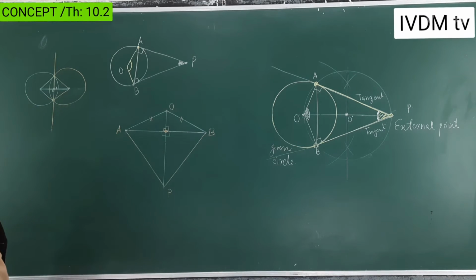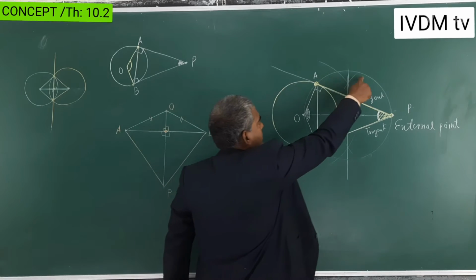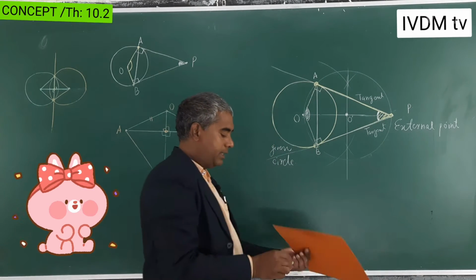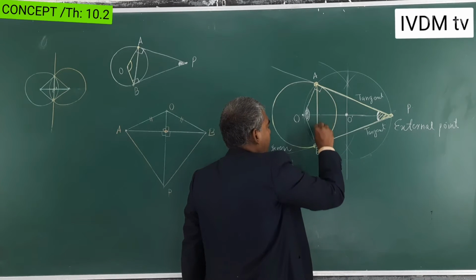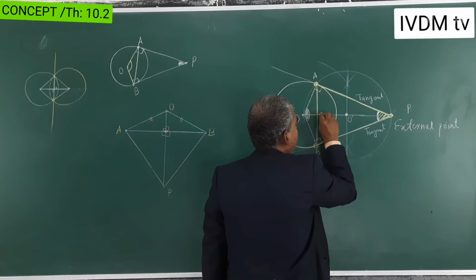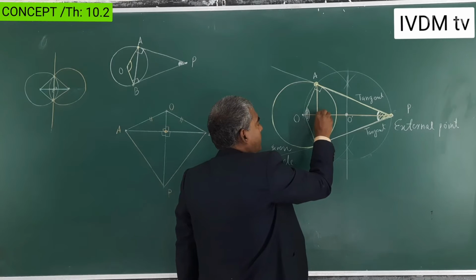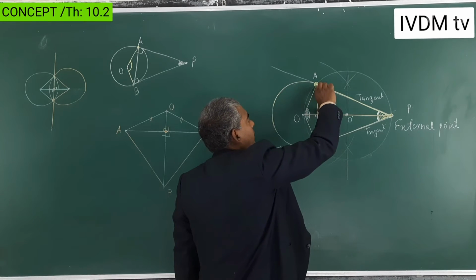How is a kite formed? Here, as we have made, this is a small circle and this is the greater circle, so you have a kite here. AB is the diagonal, OP is a diagonal, and the diagonals cross each other at 90 degrees. This is bisected.